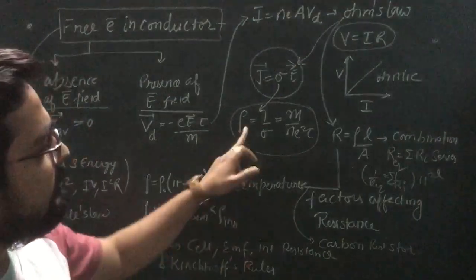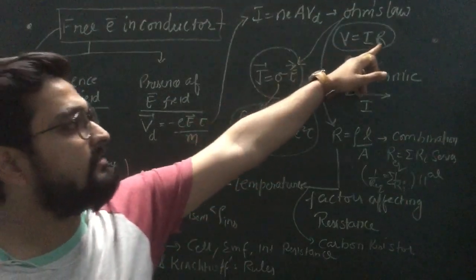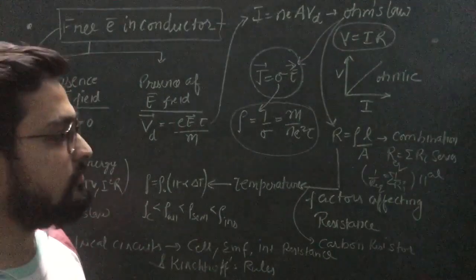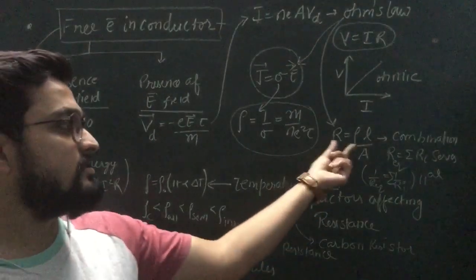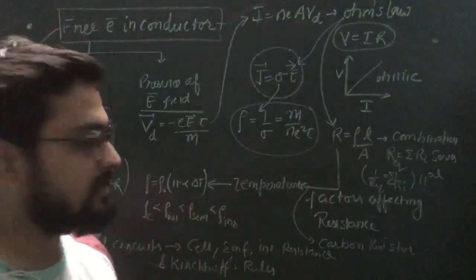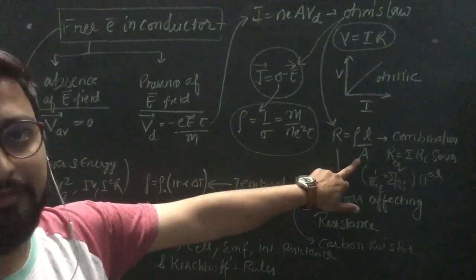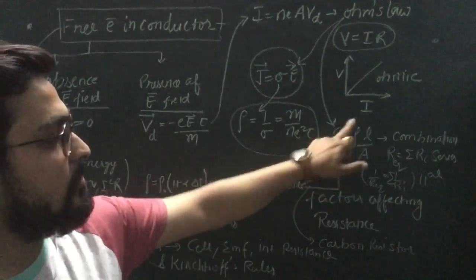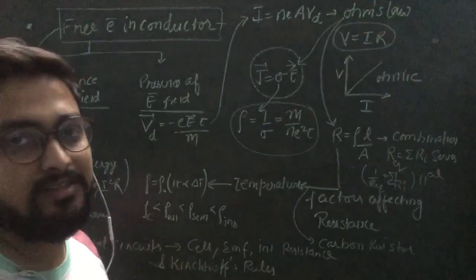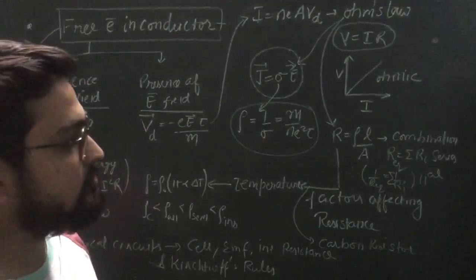Okay, and we have seen that R is resistance, which is the obstruction or opposition to the flow of current, and resistance is equal to rho L by A. It is directly proportional to length of the conductor and inversely proportional to area of cross section. And rho is a proportionality constant that depends on nature of material and temperature. Resistivity depends on these two factors.